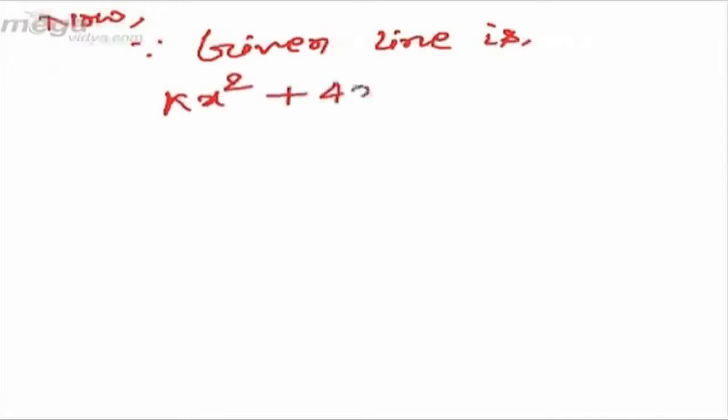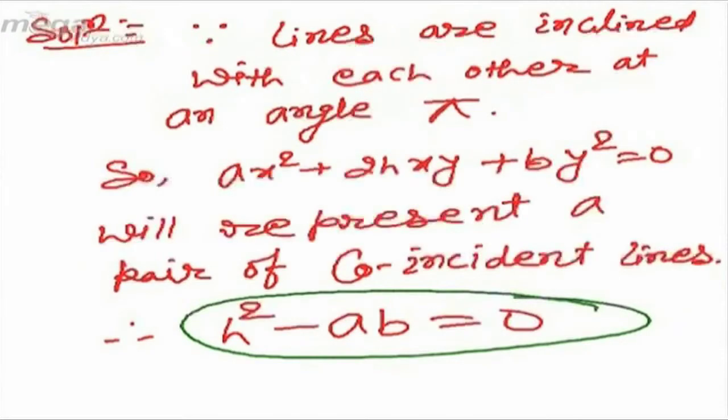Now since the given equation is kx square plus 4xy plus 5y square equal to 0, by comparing this equation with the original equation, ax square plus 2hxy plus by square equal to 0, we can identify the values of a, h and b, and now we'll use this condition.